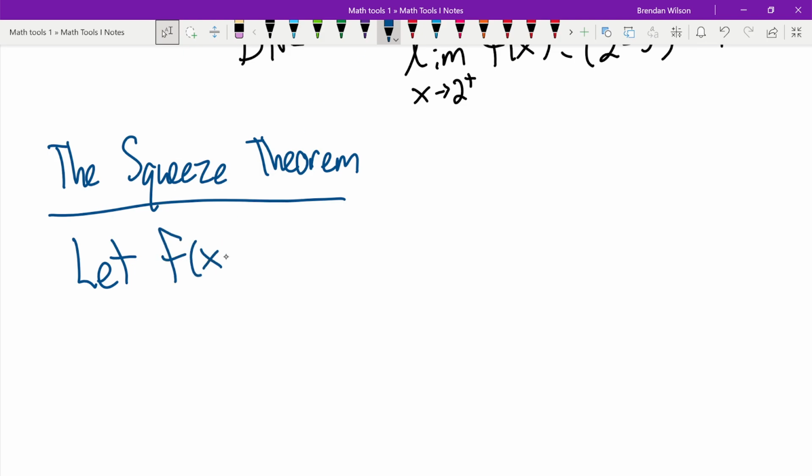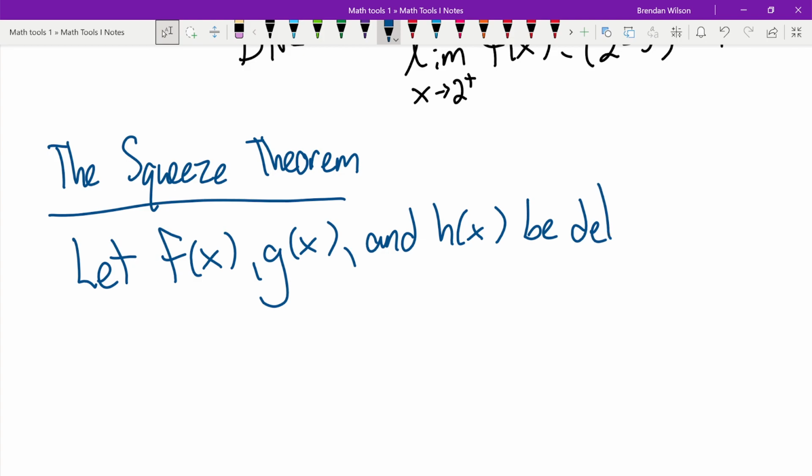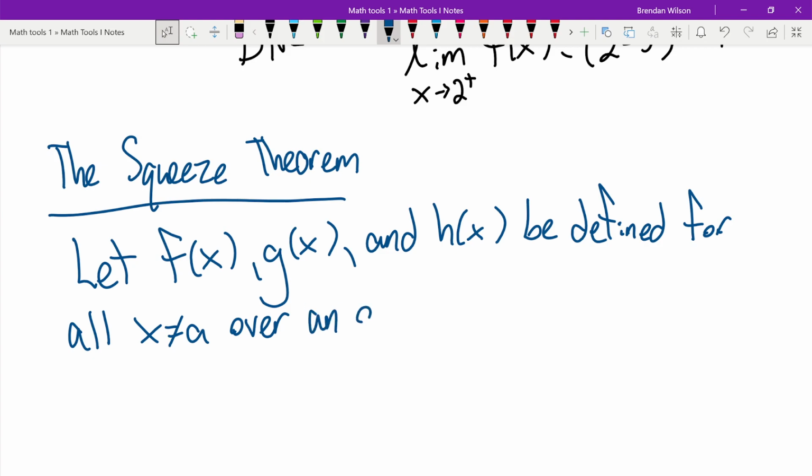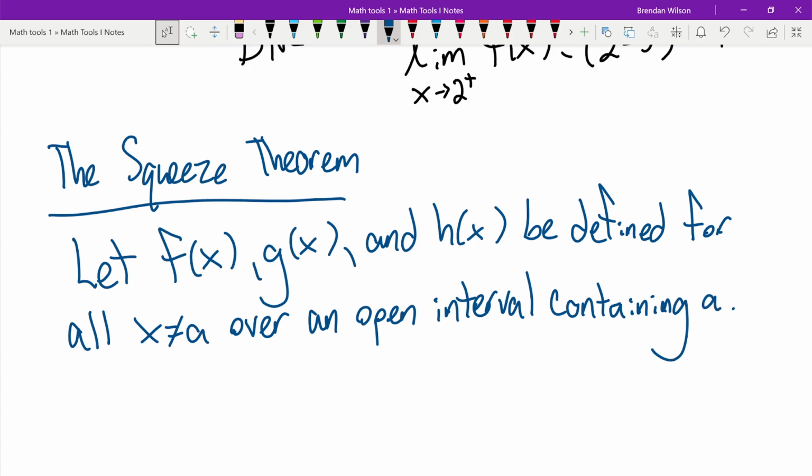Let f of x, g of x, and h of x be defined for all x not equal to a over an open interval containing a. So again, it needs to be defined immediately to the right of a and immediately to the left of a, not necessarily at a itself. So that's setting us up for a limit.